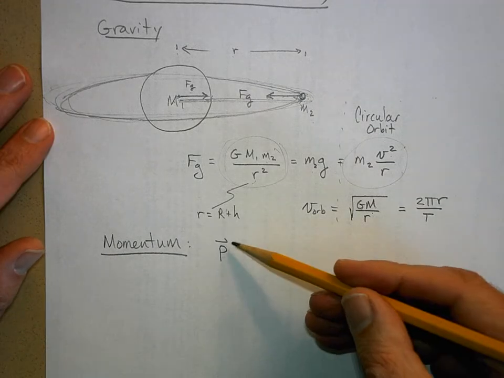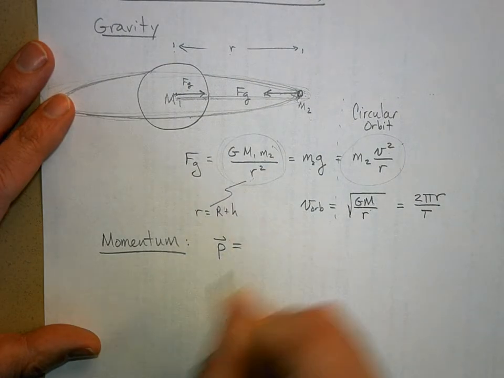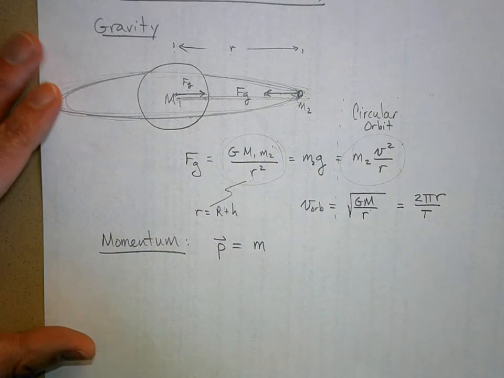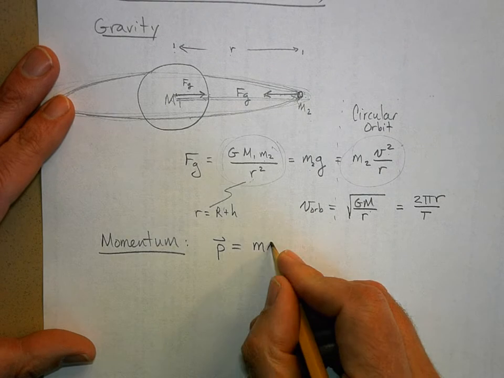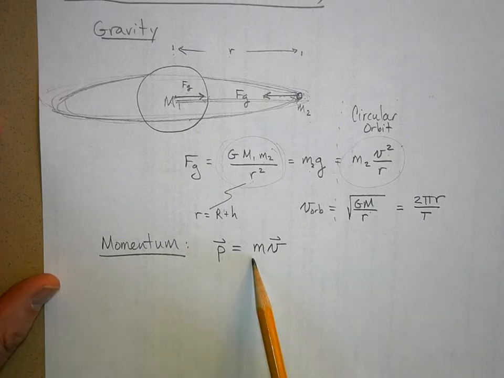And it's got a little vector hat on it because momentum is a vector. It's by definition equal to the mass that's moving times the velocity of that mass. So this is the definition of momentum. It has units of kilograms, meters per second.